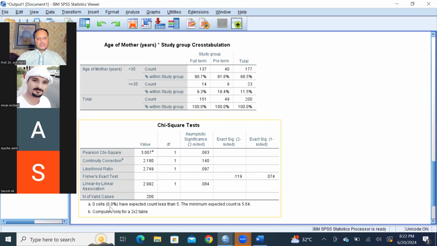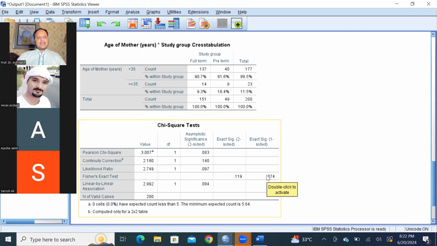It is saying that 0 cells have expected count less than 5. If it is 0 cells having expected count less than 5, you will see the value of chi-square. If it is 50% or more, because there are only 4 cells, if it is not 0, you will see the value of the Fisher exact test.